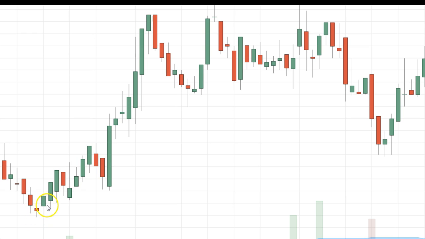After that we have another candle that is completely representing a bullish pattern. Our criteria is also completely matching. The opening of the first candle should match the closing of the third candle. In this case it is exactly matching.